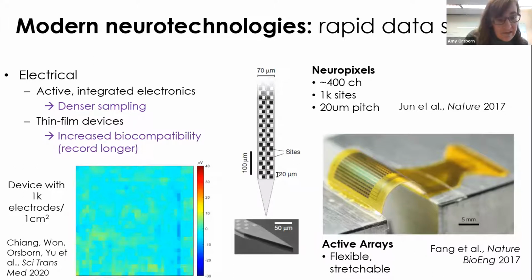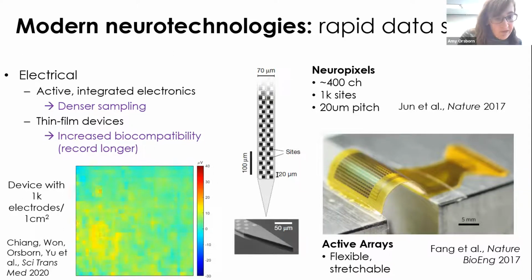Recently, for instance, I collaborated with a group of people who developed some really high density sensors that you could put on the surface of the brain that could measure from 1,000 electrodes within just a 1 centimeter squared area. And that within a human brain is kind of a drop in an ocean, right? The brain is much bigger than that.